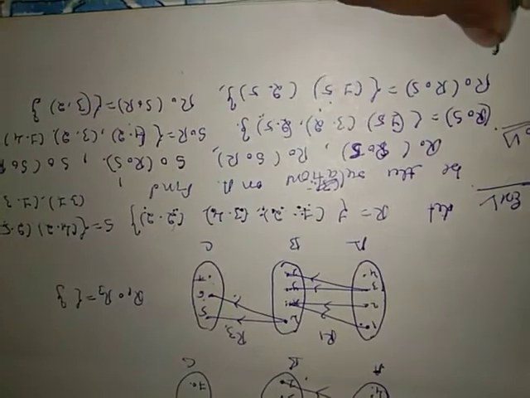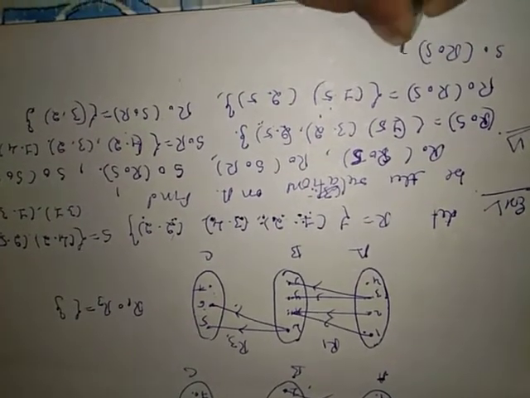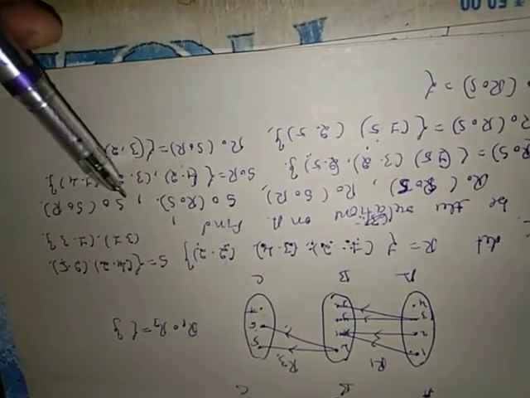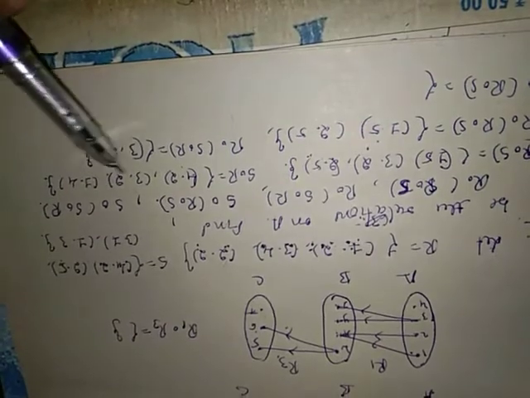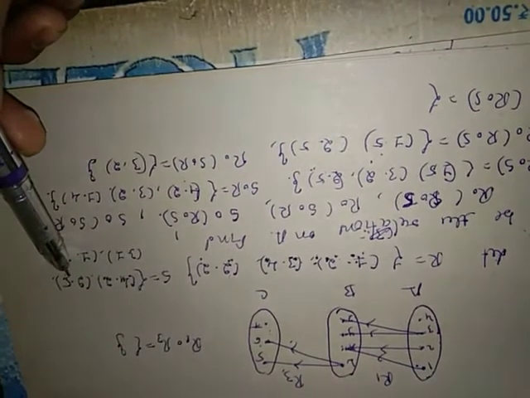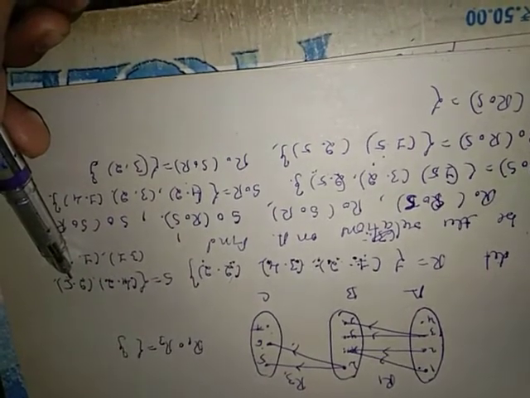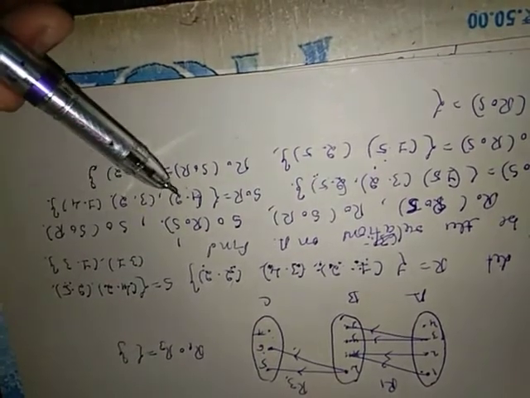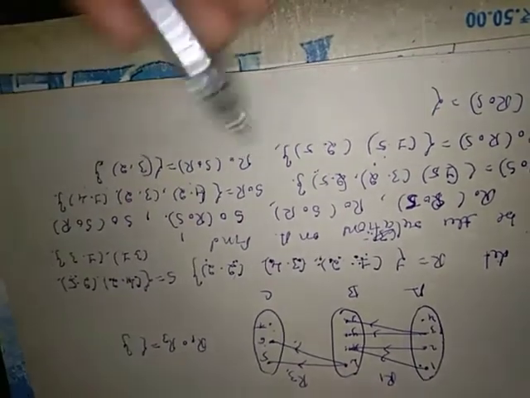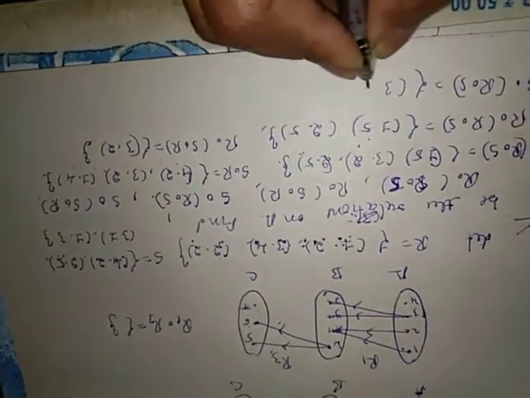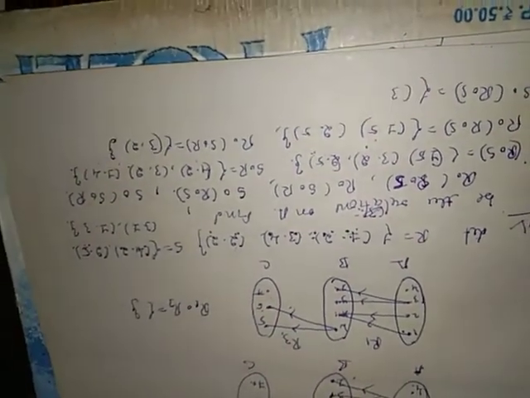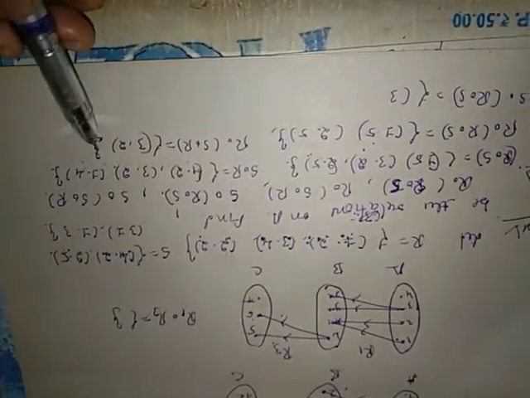Now S∘(S∘R). S is here (4,2): there is no first element 2 in S∘R, so leave it. (2,5): there is no first element with the 5. (3,1), (1,4), so (3,4).